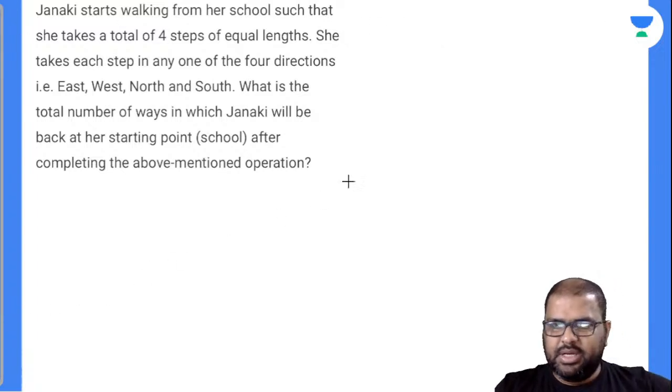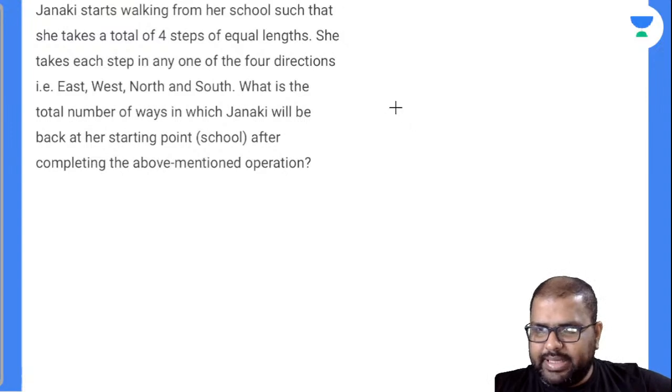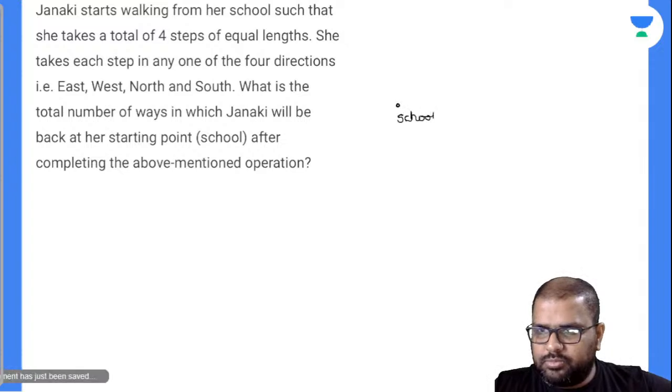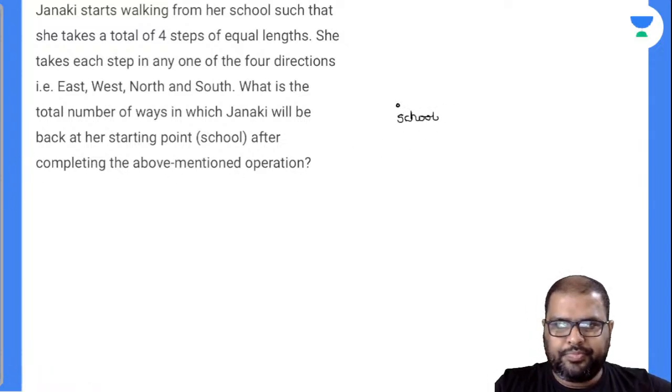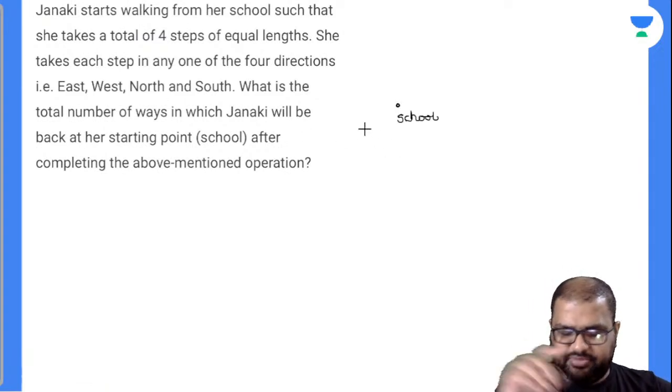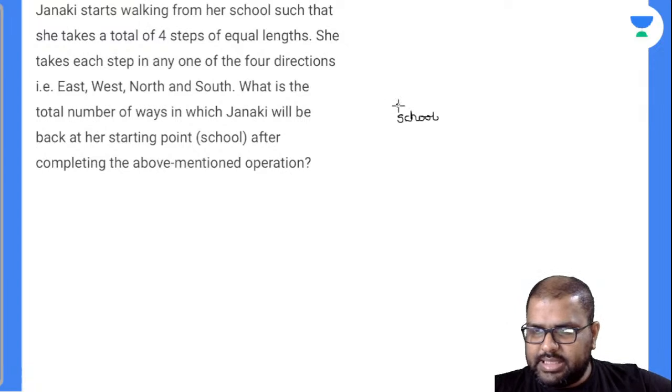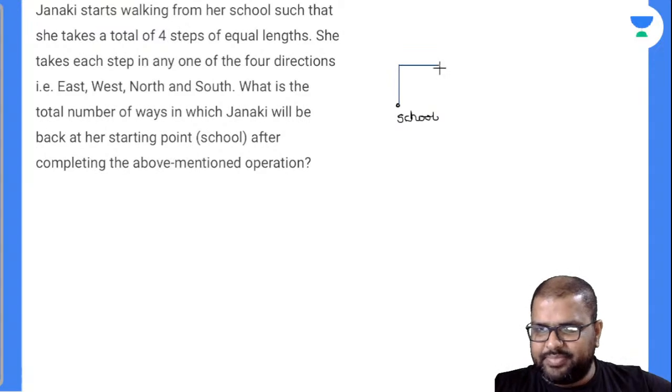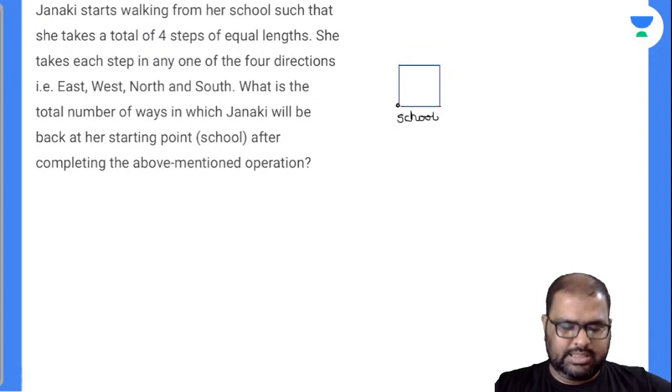I'll draw it. First of all, let us suppose this is Janaki's school. So Janaki can take 4 steps of equal length. Let us suppose Janaki traveled 1 step towards north, 1 step towards east, 1 step towards south, 1 step towards west. She reached the school there.